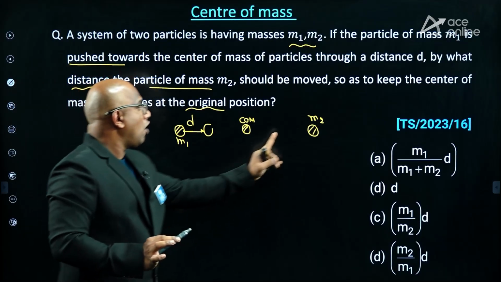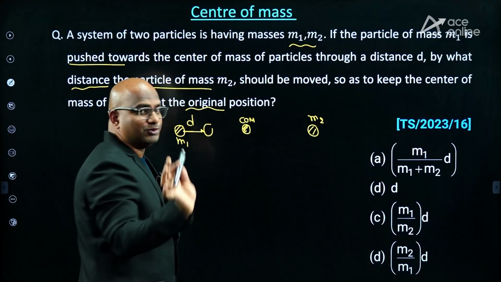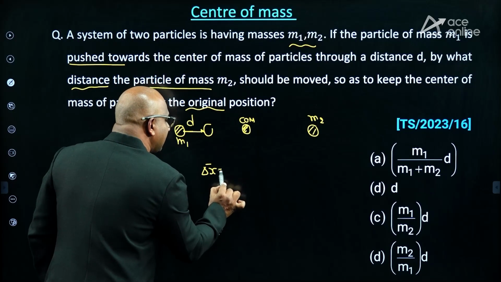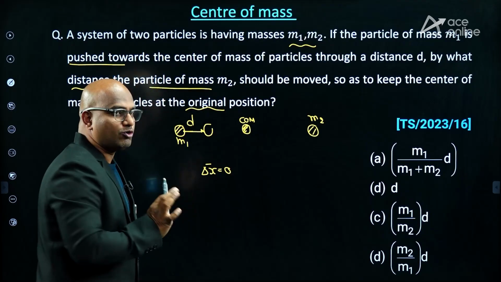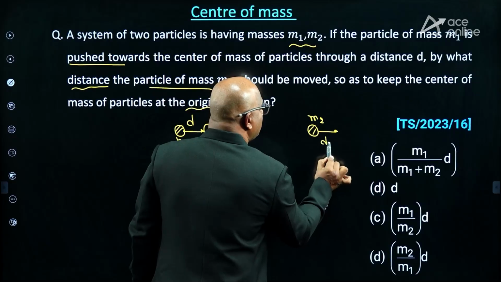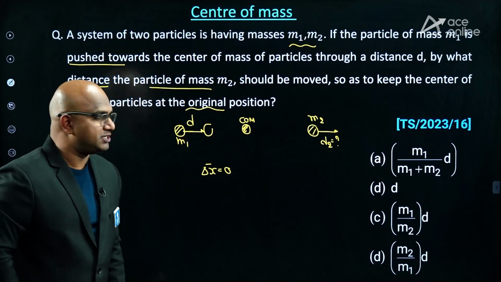That is, how much should m2 be moved so that the position does not change? What does it mean? Delta x bar, the change in center of mass, equals 0. So how much should m2 be moved so that the center of mass is not changed? That is the question.